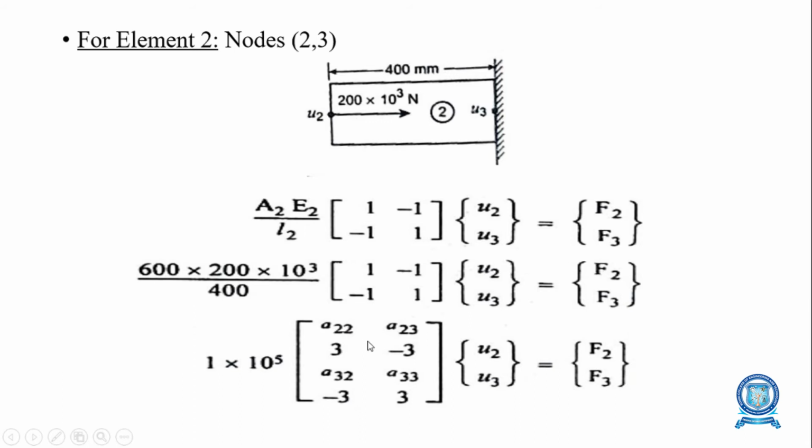It starts from the second one. So A22, A2 second node, A2 third node. Likewise, A3 second node, A3 third node. By this, we are giving the naming for these matrices.